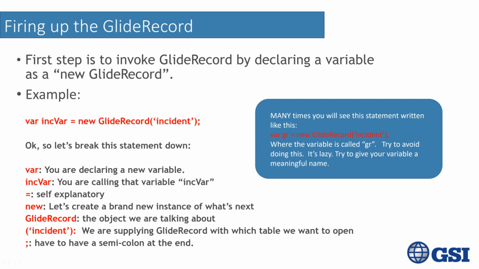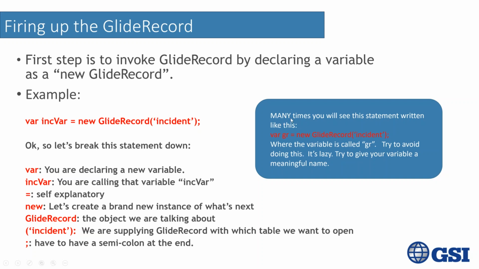All right, so how do we script in a GlideRecord query? So the very first step is to invoke GlideRecord by declaring a variable as a new GlideRecord. This is going to be the first statement, or first line of code, for you. So we start out with var incVar equals new GlideRecord incident, right?